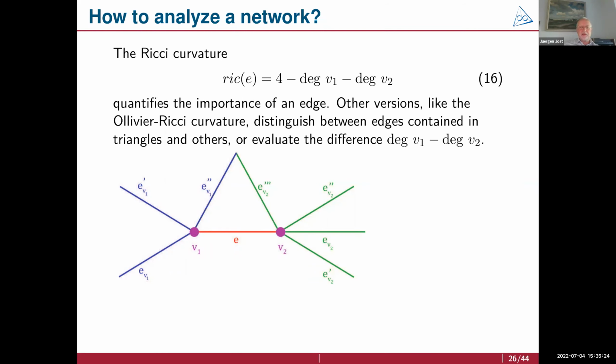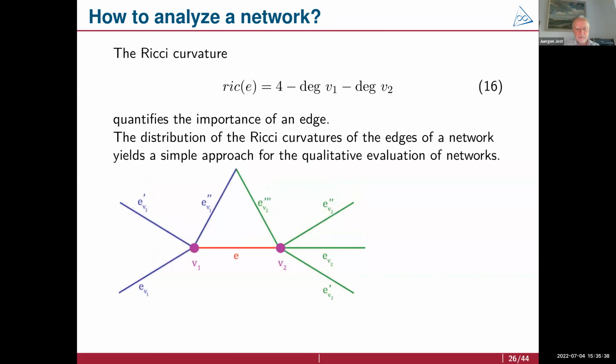But nevertheless, it turns out that those edges that have particularly negative Ricci curvature are quite important, because then many shortest paths also can be expected to go through such an edge. And the distribution of the Ricci curvatures of the edges of a network then yields a very simple approach for the quantitative evaluation of networks, and I will show you some examples.